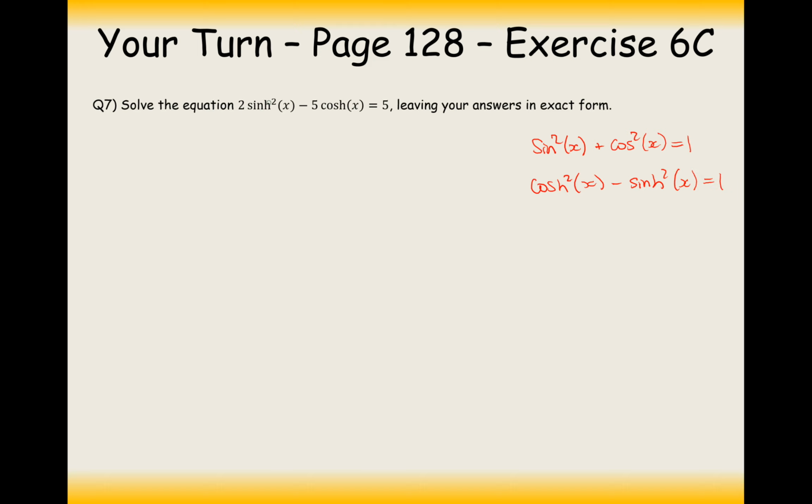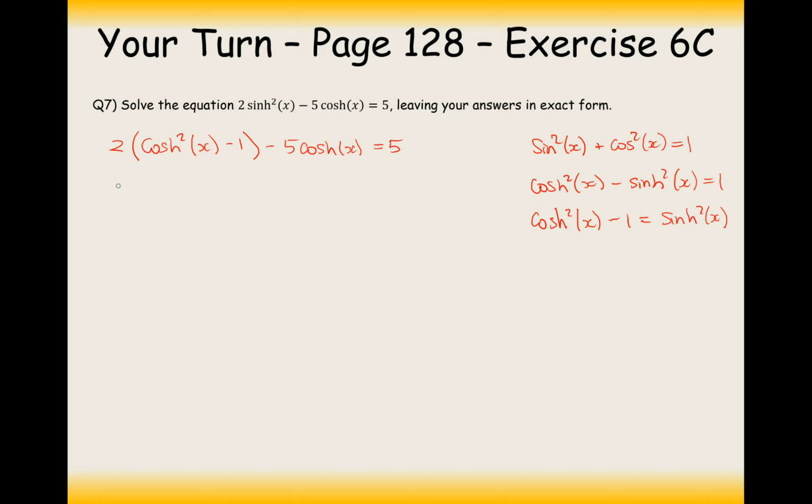So if I want to get rid of my sinh squared, I'm going to have to move it onto the other side and take away the 1 onto the left-hand side, just like that. So this equation now turns into 2 brackets cosh squared x minus 1 minus 5 cosh x equals 5.